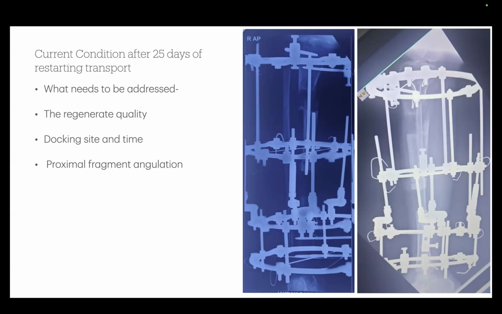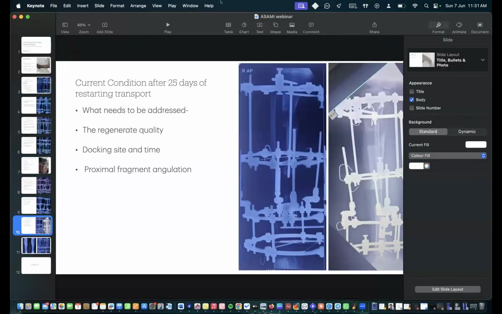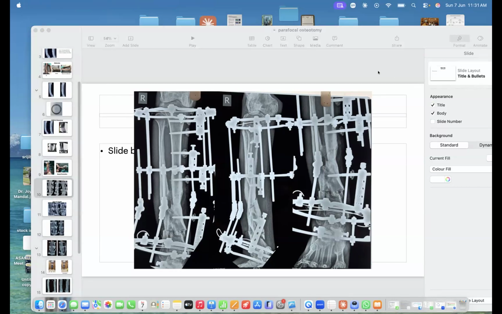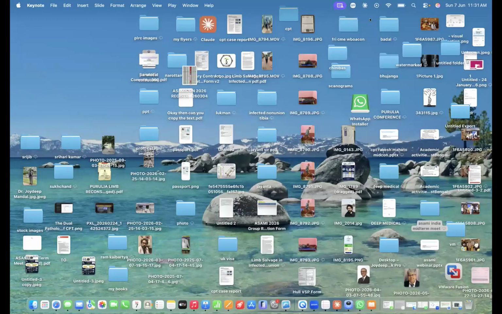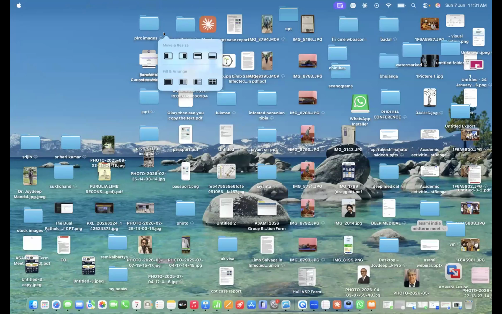Jayant sir has shared an X-ray in the chat box of a case of fibrous dysplasia. I'm sharing my screen. This is the X-ray. Open it first. Is it visible, sir? No, the full screen is visible. Share your full screen and open that.